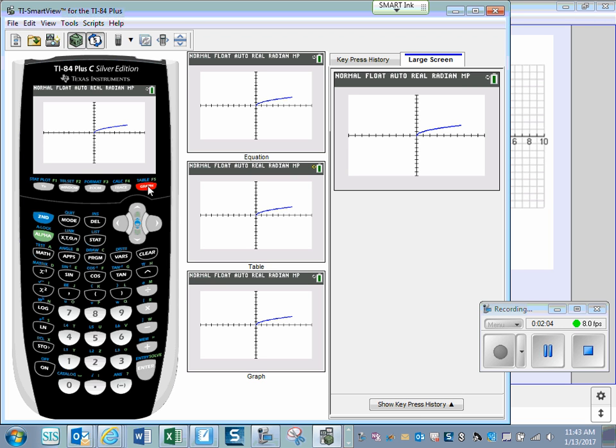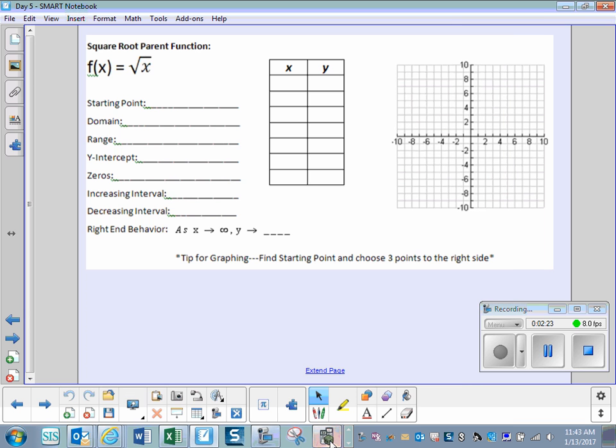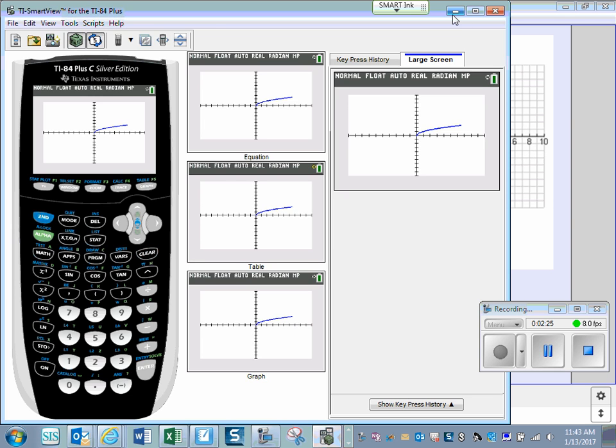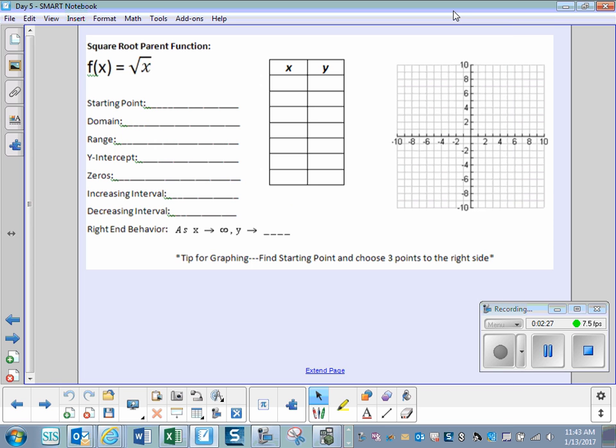For some reason, it's not working for me. Go back to your y equals. So you guys know what to do. Go to the second graph and go to your table and then get some nice points, not the errors. Get the right points after the errors and let's graph that.